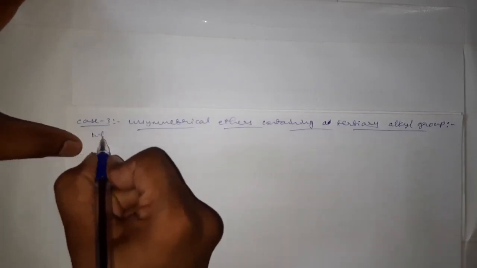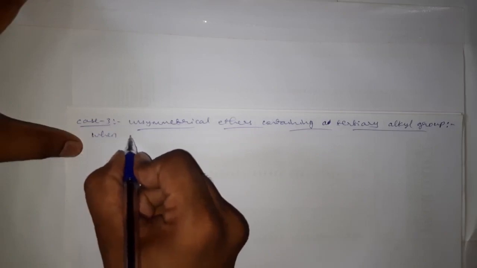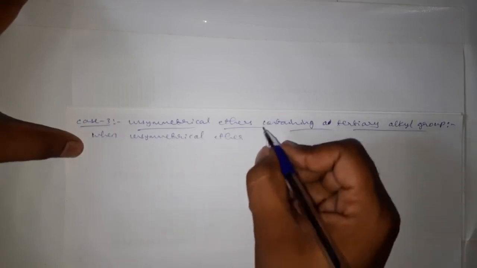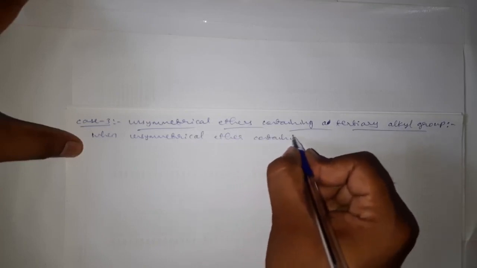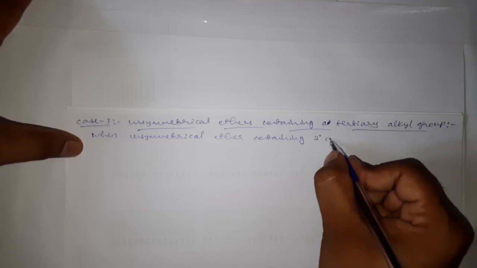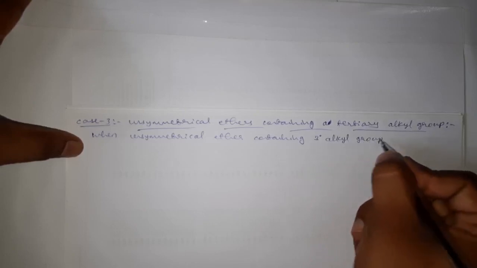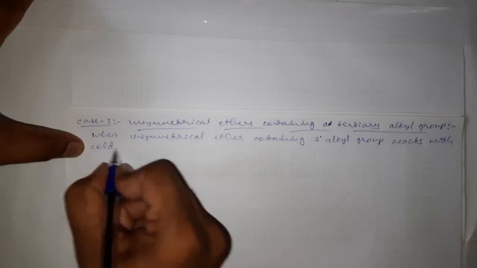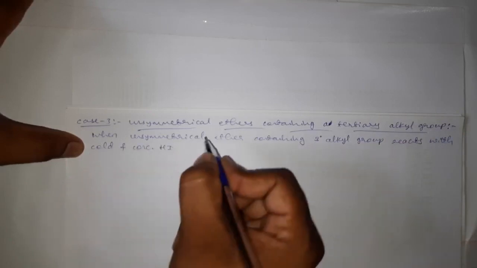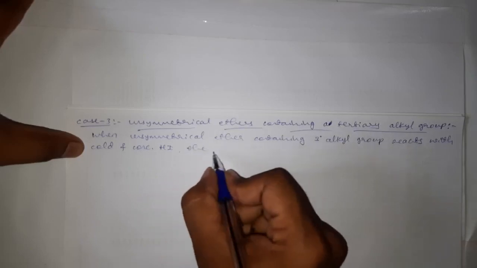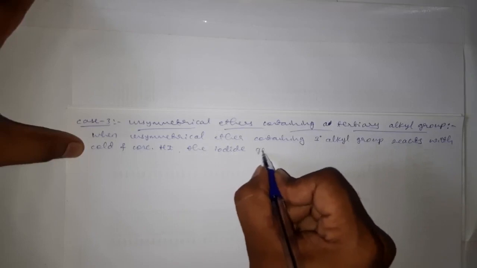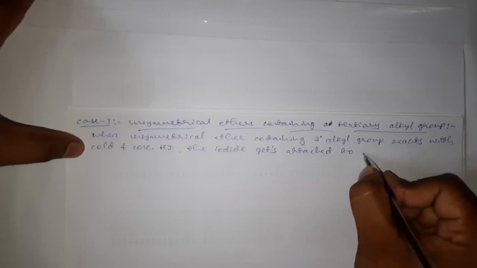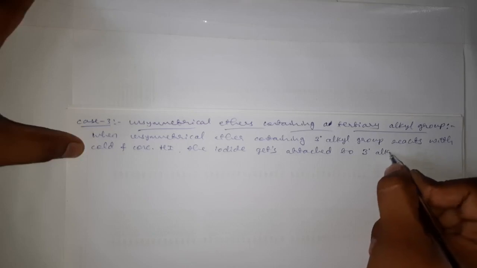See, when unsymmetrical ether containing a tertiary, that is 3-degree, alkyl group, reacts with cold and concentrated hydroiodic acid HI, the iodide gets attached to the tertiary alkyl group.